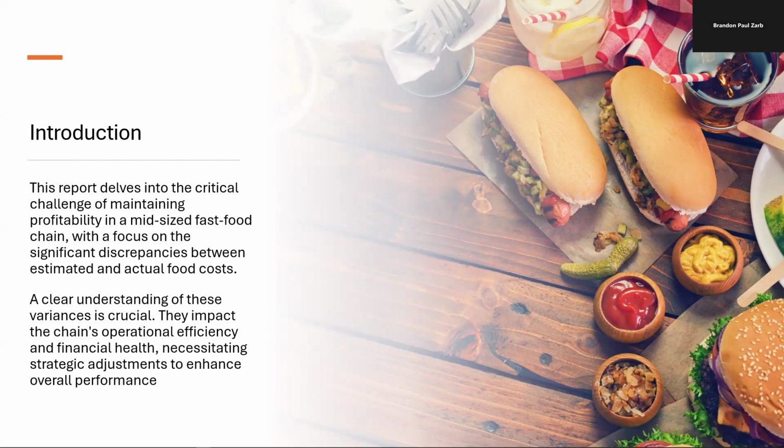But they are running a very high variance between their 30 plus stores, in the range of 6 to even 9% variance. So essentially, what that means is they're spending in these cases 6 to 9 percentage points more on food than they should be on paper. As you may know, profit margins in the restaurant industry are thin.